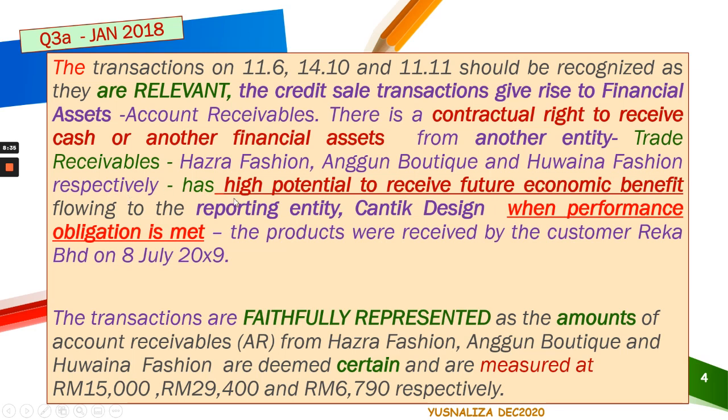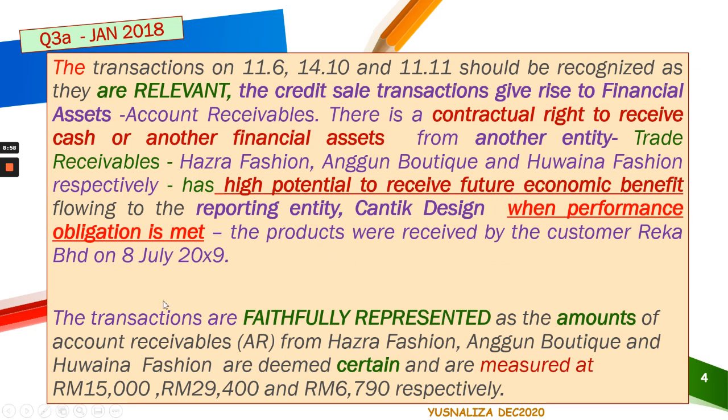And therefore, they have given you, which is referring to you as Chanti Design, the potential to receive future economic benefits in the form of cash that will flow to the reporting entity. That is a cash inflow. Whenever the performance obligation is met, we are expected to receive that cash flow, right?